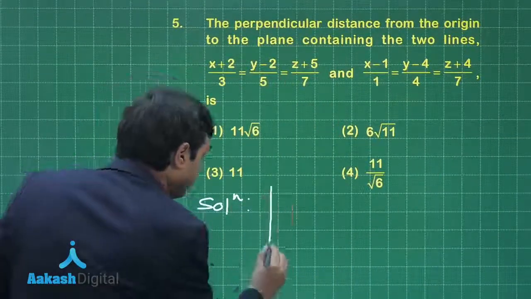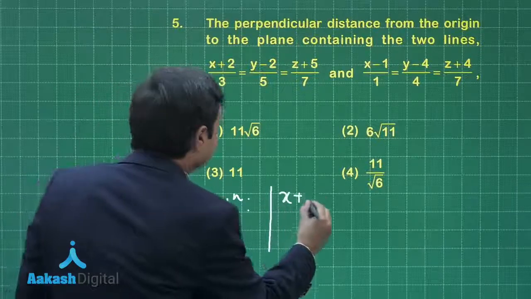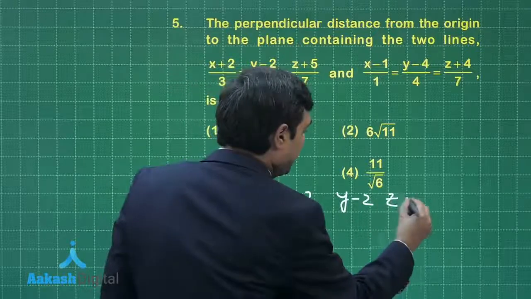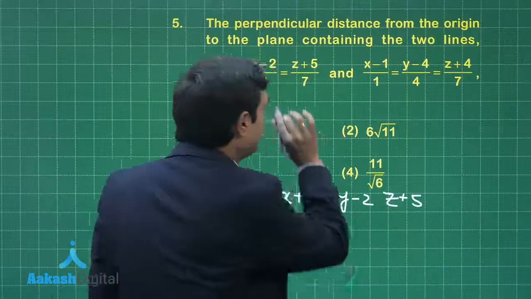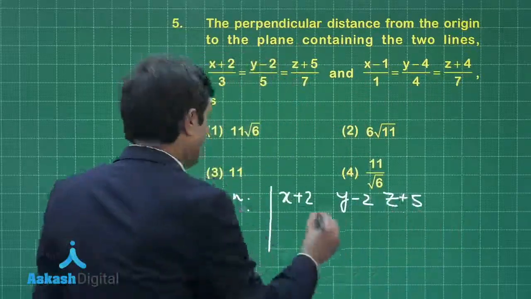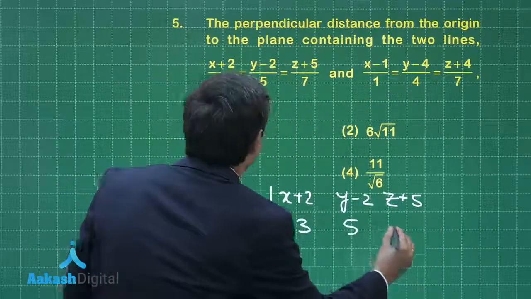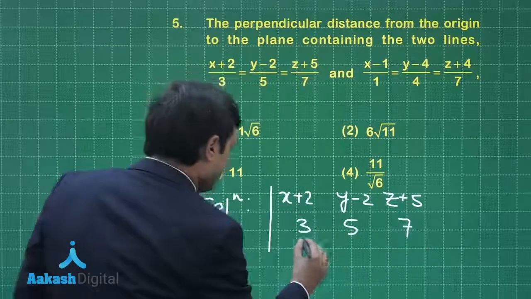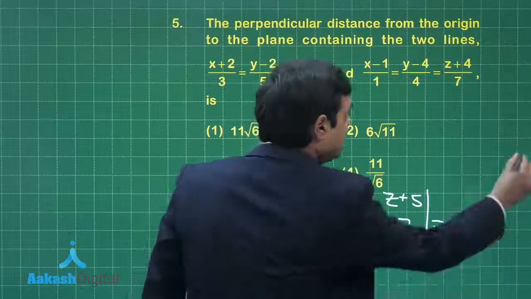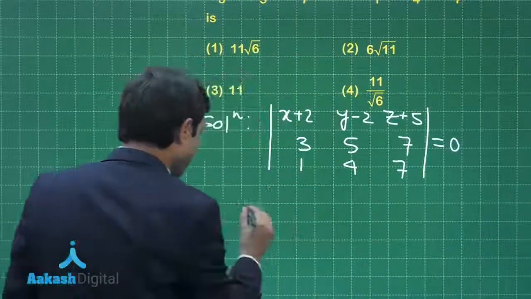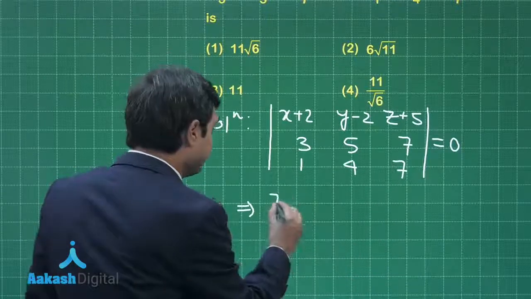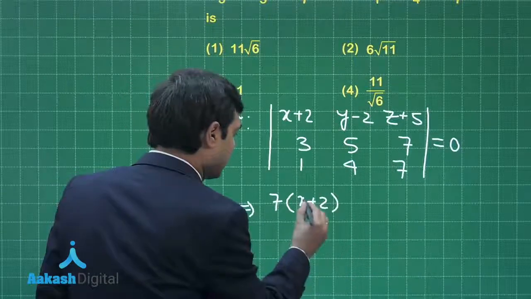Determinant formed by x plus 2, y minus 2, z plus 5. Instead of taking this one, you can also take x minus 1, y minus 4, z plus 4. Okay, 3, 5, 7; 1, 4, 7 is equal to 0. Simplifying, you get 35 minus 28, that is 7 times x plus 2.